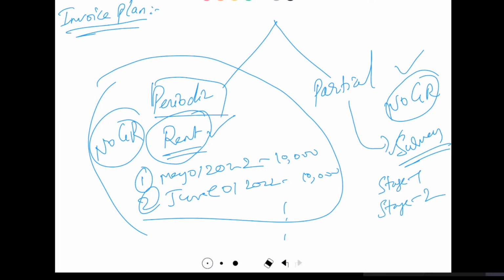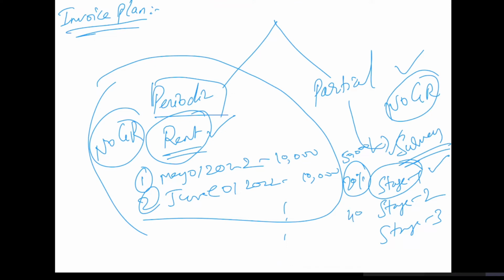In stage 1, we will complete 20% of the survey, then we will pay 50,000 rupees. In stage 2, we will complete 40% of the remaining survey, then we will pay 1 lakh rupees. In stage 3 we will complete the remaining 40%, then again we will pay 1 lakh rupees.